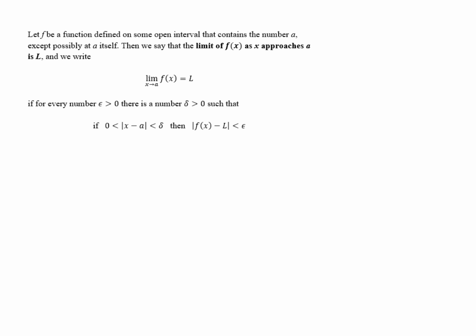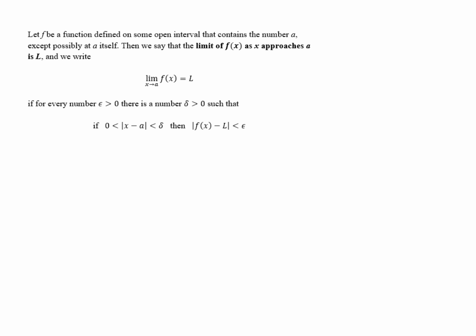What this means is that we can make our function values as close to L as we want for any value of epsilon by making sure that we're picking x values close enough to a, and we have to find kind of a domain that we're looking at, or a small enough neighborhood, to make sure that our x values give us function values that are close enough to L.